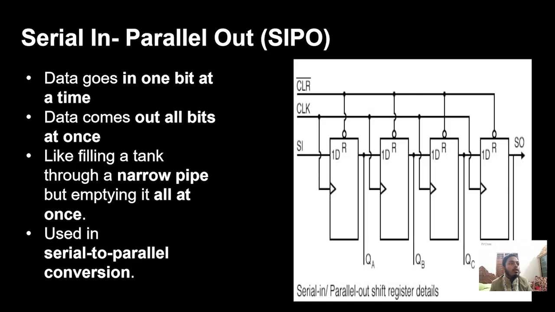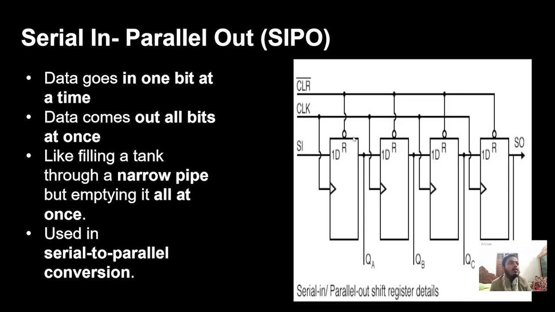With every clock pulse, the bits shift from one flip-flop to the next. Once all the bits have been shifted in, the register provides the output all at once in parallel across multiple output lines. Although the data enters slowly, it becomes available instantly in multiple bits at the output.